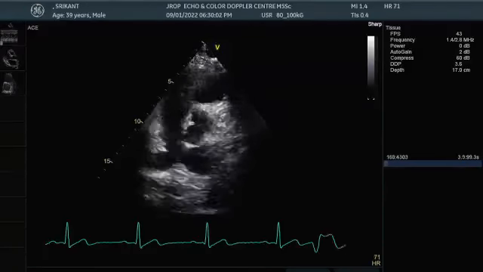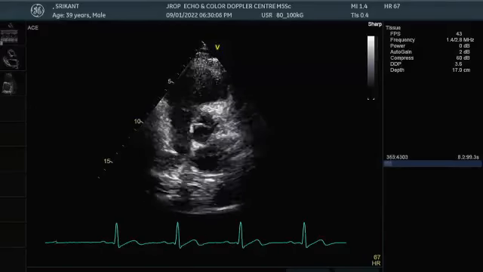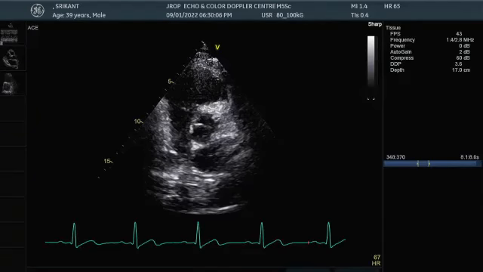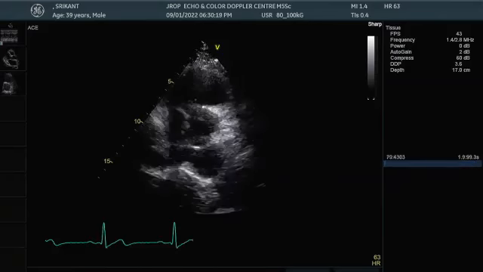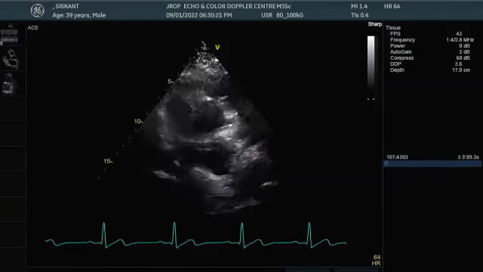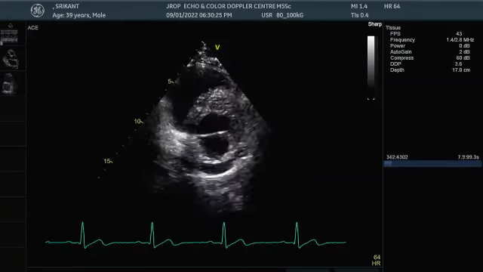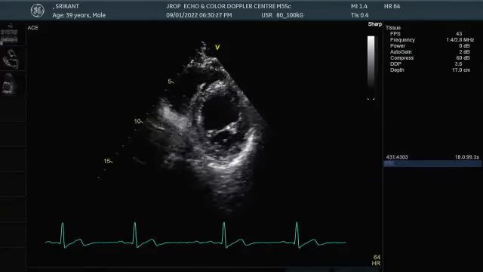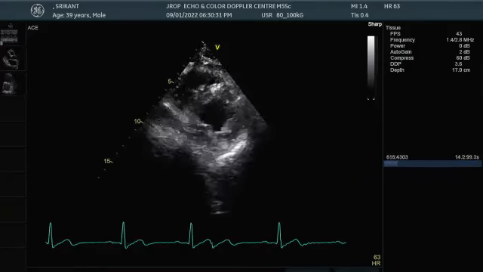As we move from aorta to mitral valve, here is the LA appendage, not LV, LA appendage. So I'm going to go to the aorta, then come slowly to the mitral valve, and I could see my LA appendage, then comes my mitral valve, then my papillary muscles, and finally the apex.